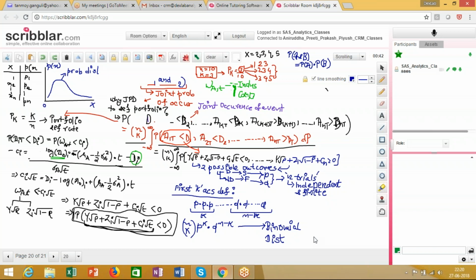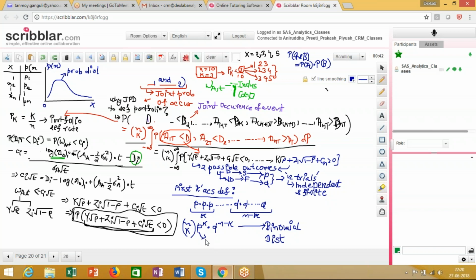Now what I need to do is understand the probability of success and the probability of failure. What is the probability of success over here? The probability of success is the probability to default, right? So if it defaults, then that's an event for us.